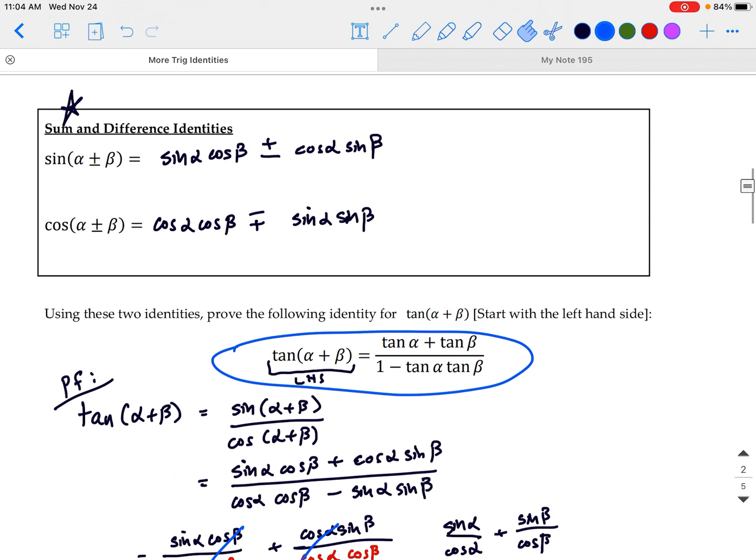So really here we've got the main identities, sine and cosine, and then adding on to that, tangent of alpha plus beta. Maybe we'll write them all together here.